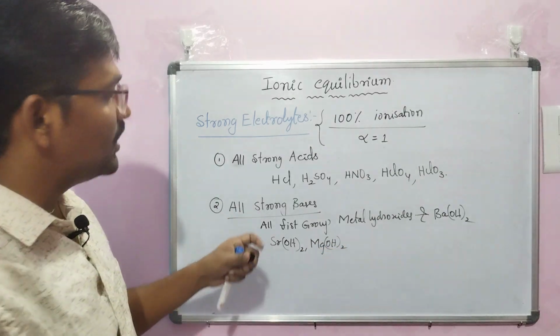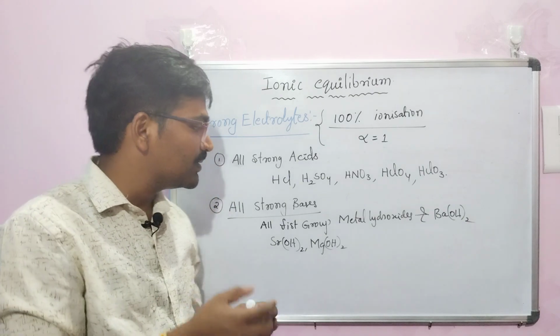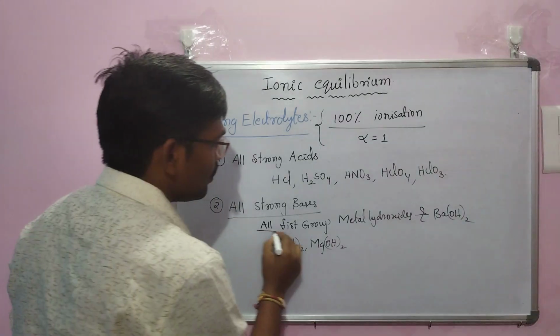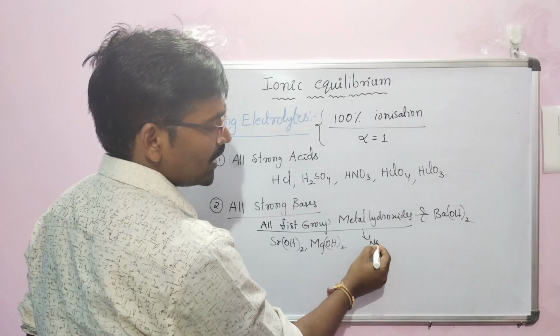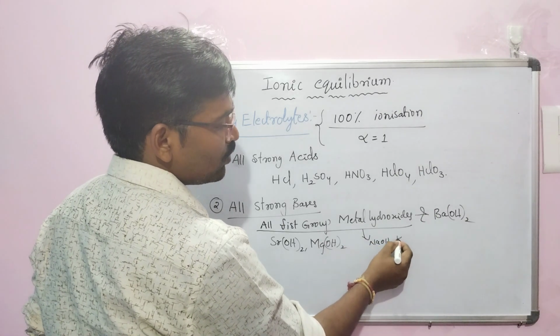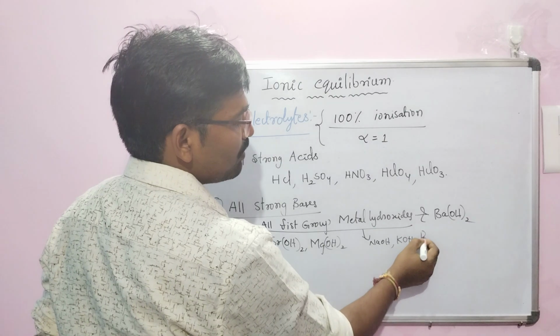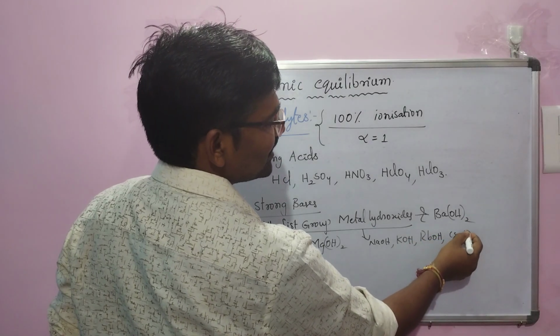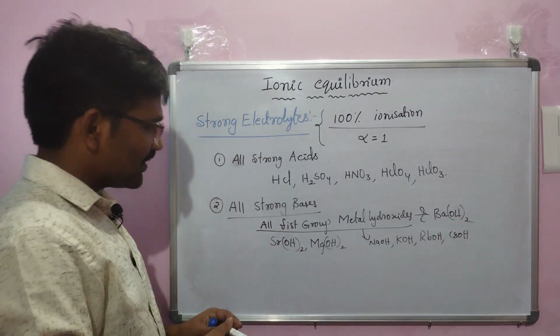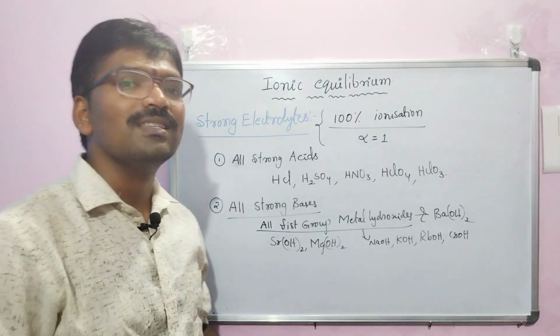These all will come under the strong electrolytes. The first group metallic hydroxides are nothing but NaOH, then KOH, then RbOH, then CsOH. All these are strong bases.